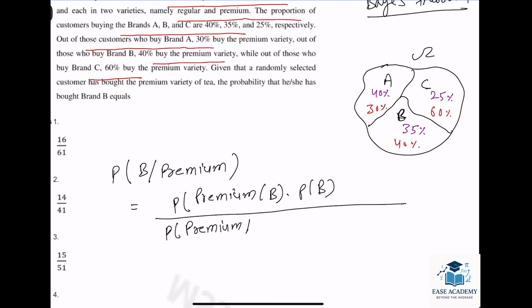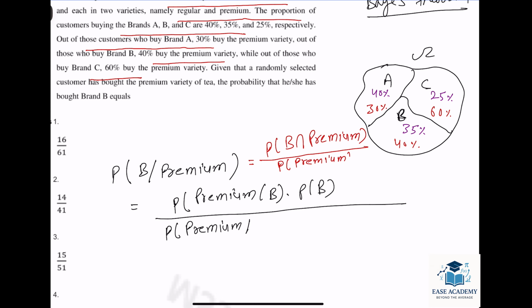The red color is just the extra information. So this is probability of B intersection premium. I hope you understand what I mean by B intersection premium. It means simply the customer who is buying brand B and taking the premium variety of tea. So here is just the probability of the premium.